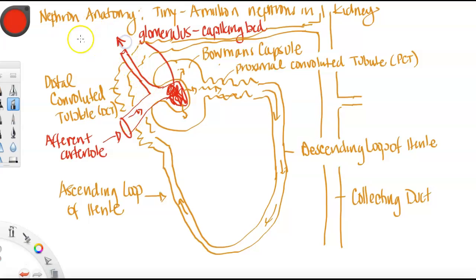This one here is called the efferent arteriole. The efferent arteriole takes the blood out of the glomerulus after it's been filtered. The afferent arteriole takes it into the glomerulus to be filtered.